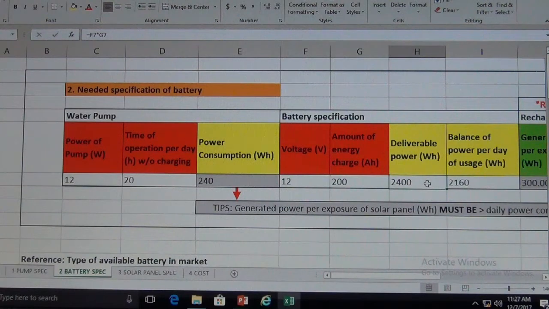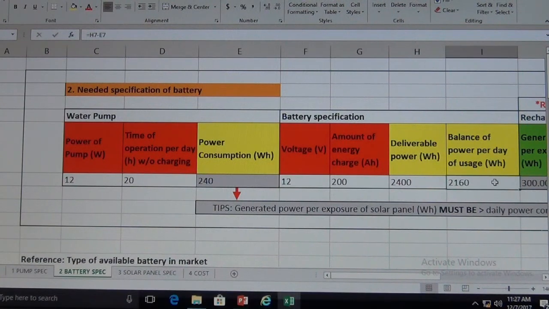We cannot charge our battery on a daily basis. Sometimes during the rainy season, the solar cell doesn't work. We are using silicon-based solar cell. Plus, we only have 4 hours per day to charge. So as a contingency plan, we spare extra power in the battery. So we choose a battery with higher specification to support the power consumption by the pump.